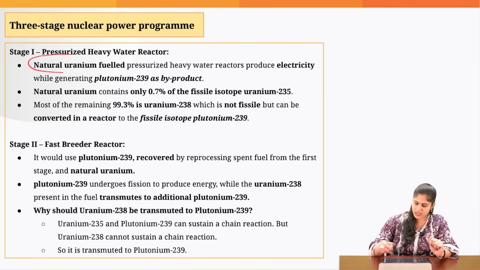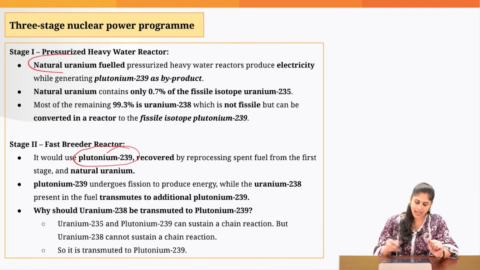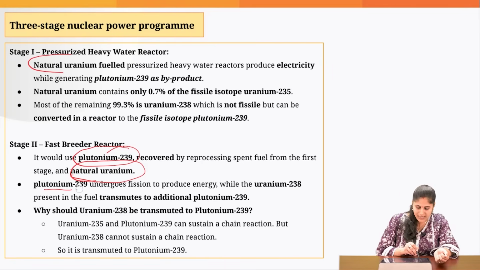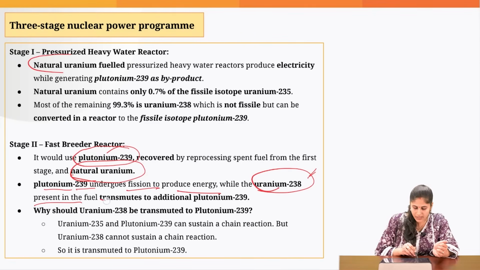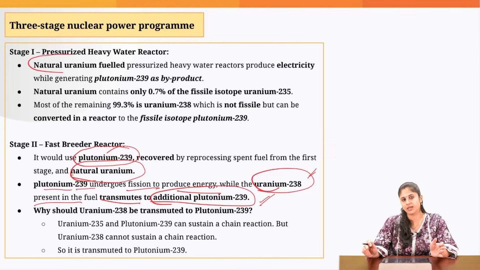So under the second stage, you use this fissile plutonium 239, and again natural uranium. The plutonium 239 undergoes fission to produce energy, while the uranium 238 undergoes transmutation to produce additional fissile plutonium 239. What is transmutation?